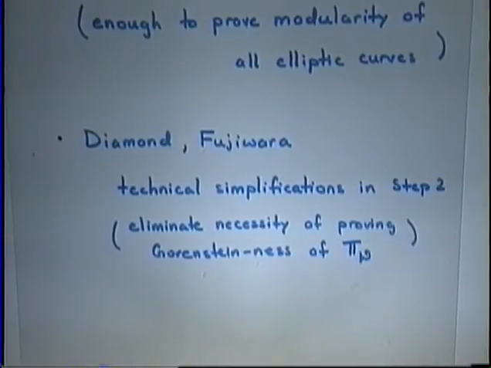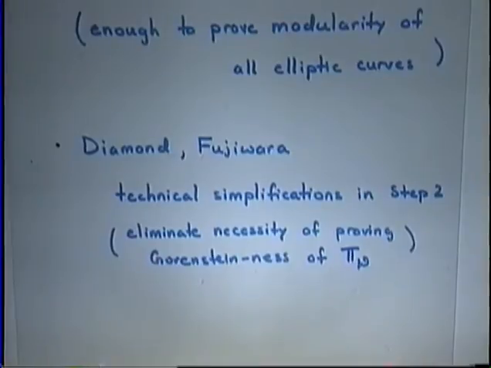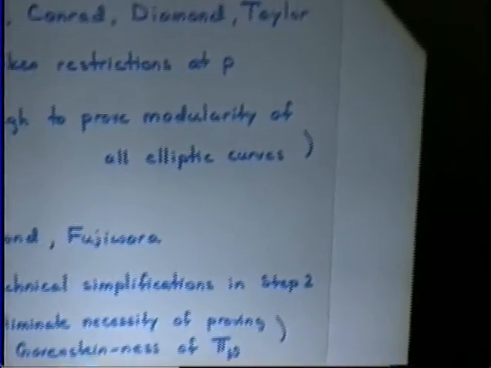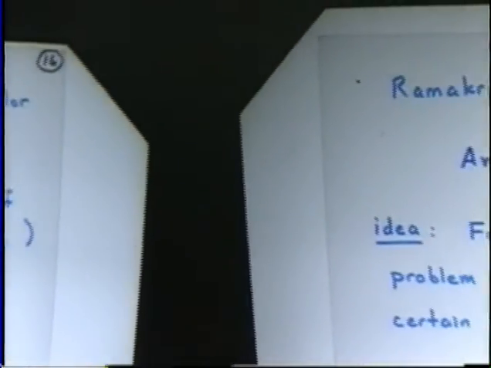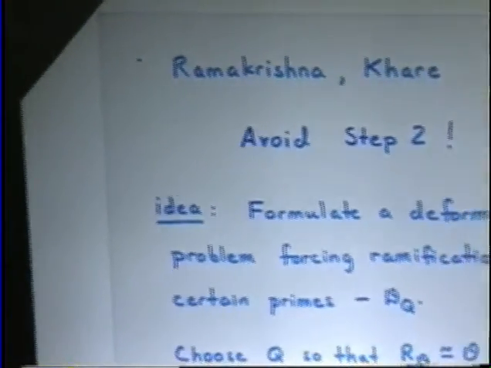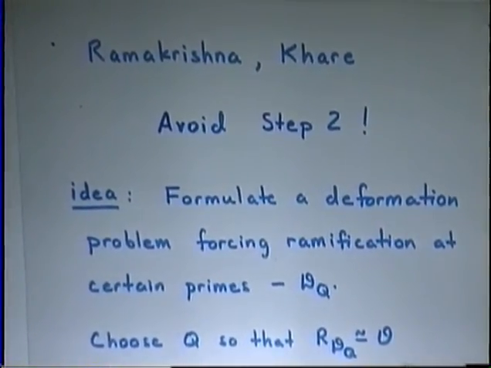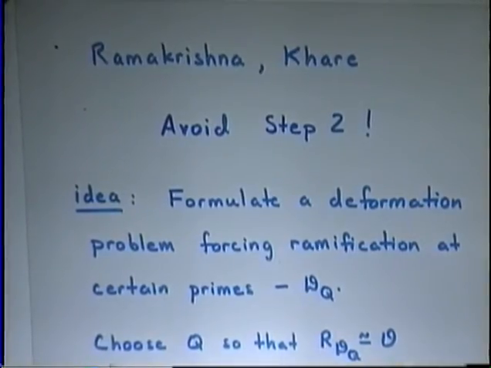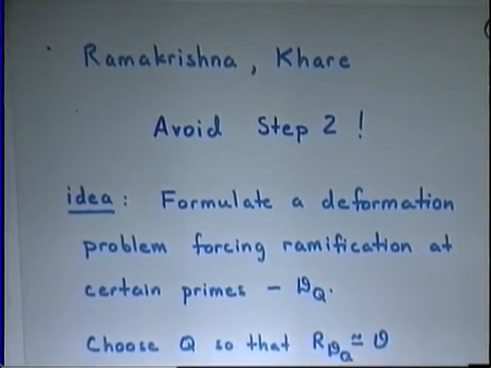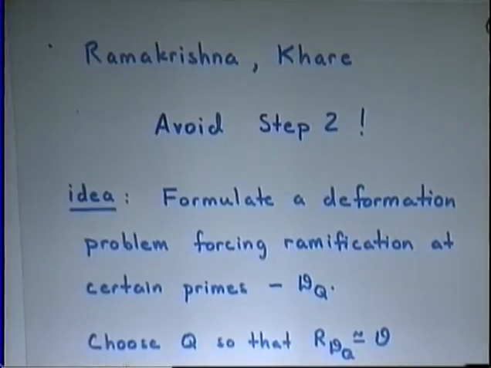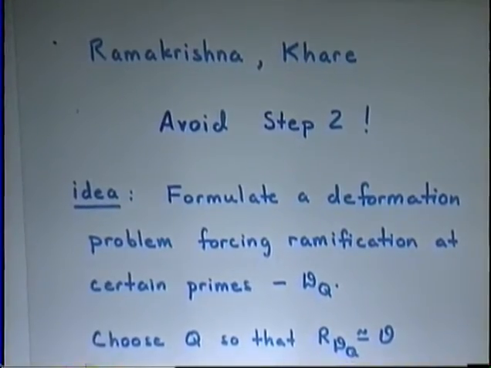And then there's this really neat sequence of arguments that's come out recently due to Ramakrishna and Khare, who are trying to avoid that mysterious step altogether. What it does is it goes back to this idea of Ravi of just producing some characteristic zero lift of the representation.